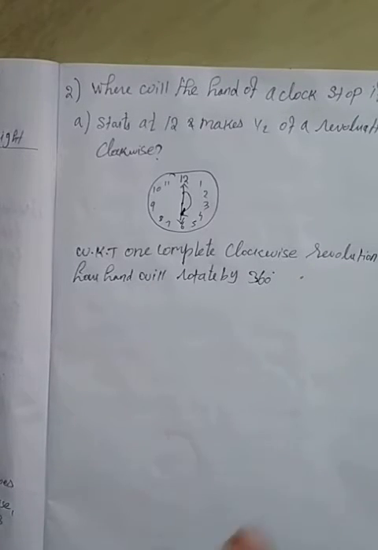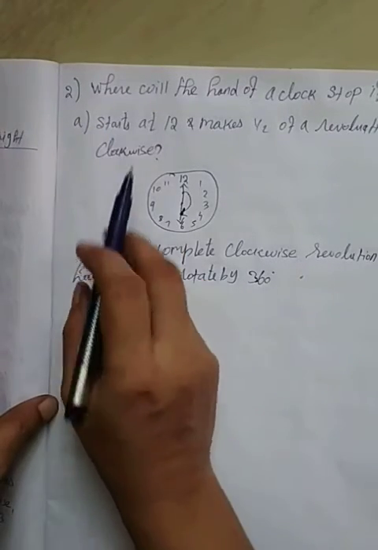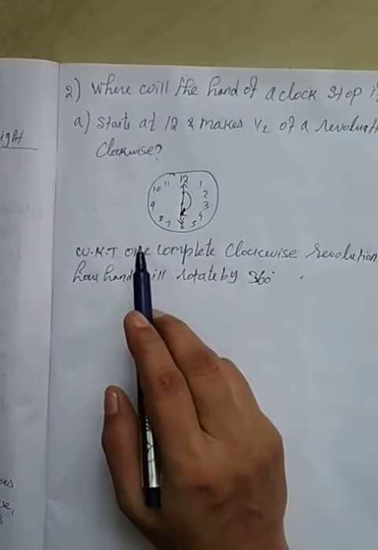This is common for all problems, right? What is the question? Starts at 12 and makes 1 by 2 of a revolution clockwise.